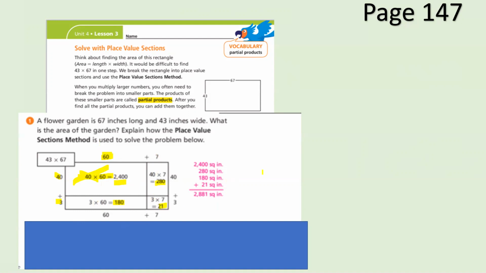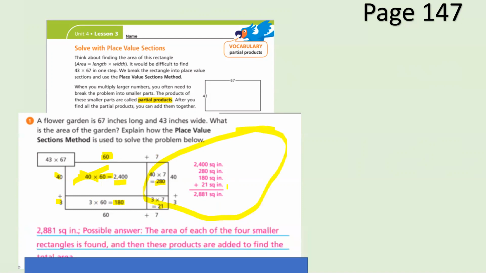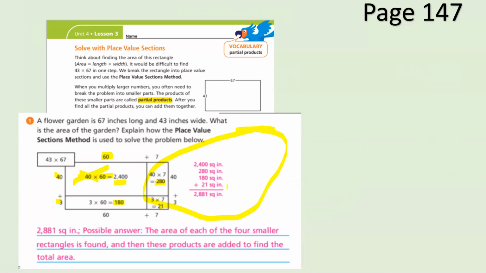Add them all together somewhere on the side of your page, and that will give you the total area. Okay, and same thing. I don't care if you don't need to write this stuff. As long as you got that answer, I am a happy person. And it's square inches because we are finding a two-dimensional figure, which we will get into more. But whenever you find area, you put square.